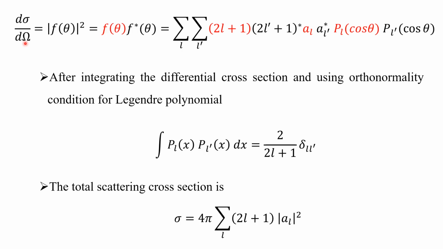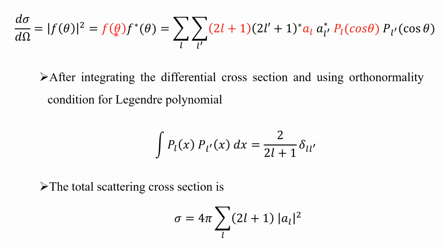We know that the differential scattering cross section dσ/dΩ is equal to modulus f(θ) squared, where f(θ) is the scattering amplitude.